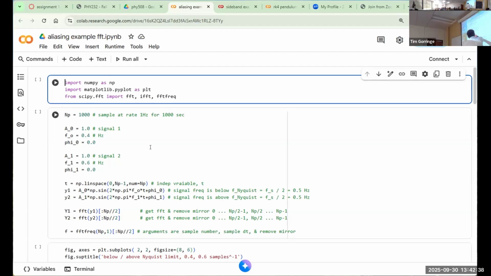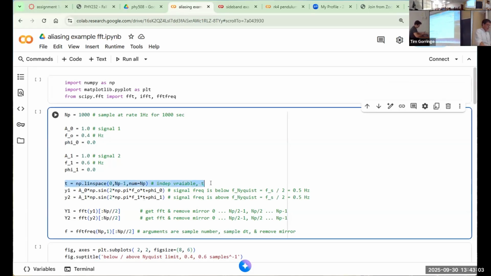So I'm going to take these 2 frequencies and find the Fourier transforms of these 2 signals when they're sampled at 1 hertz, when one of them is above and one of them is below the Nyquist limit. We'll see what the Fourier transforms look like. And so that's what I do downstairs here. Here's my independent variable.